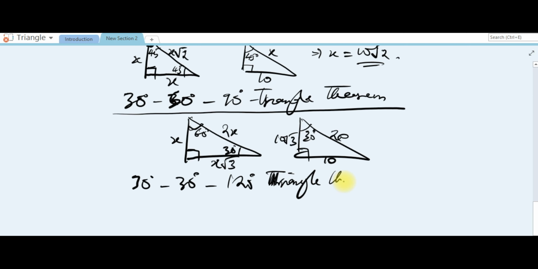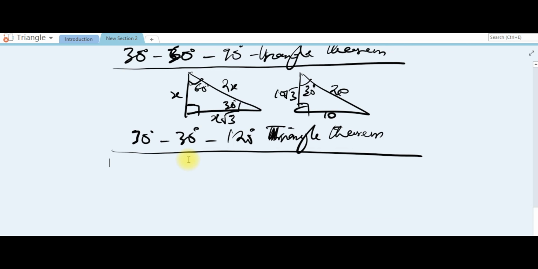This one is a direct implication of 30-60-90. Assuming you have an isosceles triangle with this angle 120, if here is 30, here is also 30.